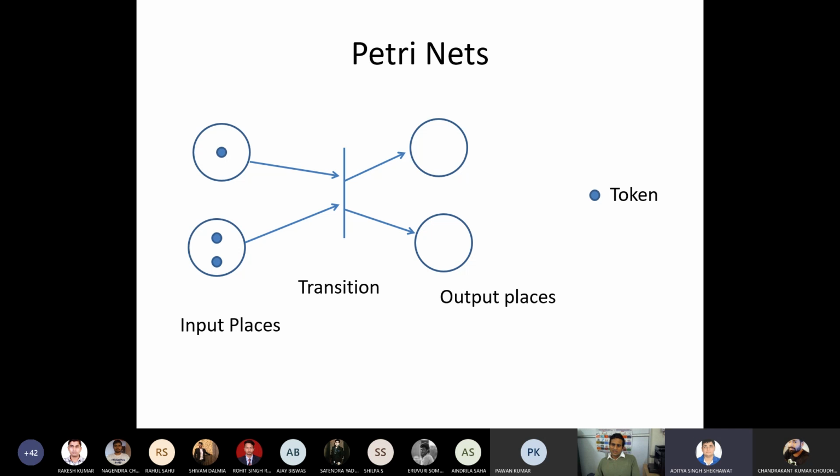Sir, a bipartite graph is a graph in which all the vertices can be divided into disjoint or independent sets, such that every edge connects a vertex in set U to a vertex in set V. So you do not have any edges among the vertices within a set.